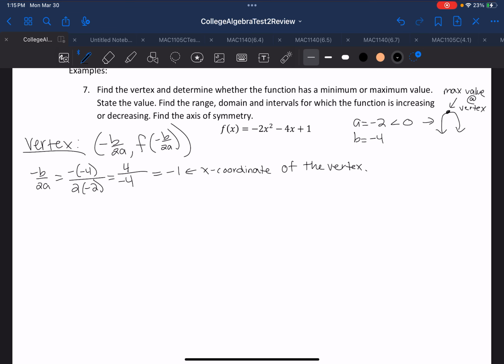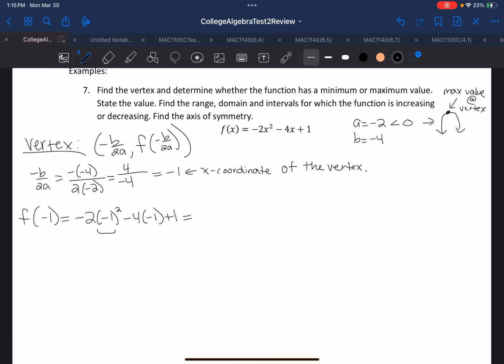And then we can find the y-coordinate by plugging that value we just found into my function. So this would be negative 2 times negative 1 all squared minus 4 times negative 1 plus 1. Negative 1 squared is a positive 1, and positive 1 times negative 2 is negative 2.